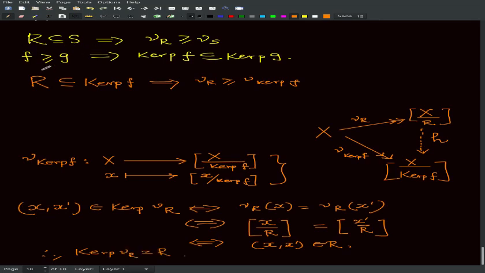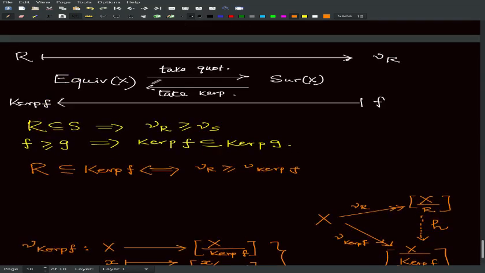So this second equation immediately says the kernel pair of nu R, which is R, is smaller than the kernel pair of f. So this becomes a very nice rule, right?